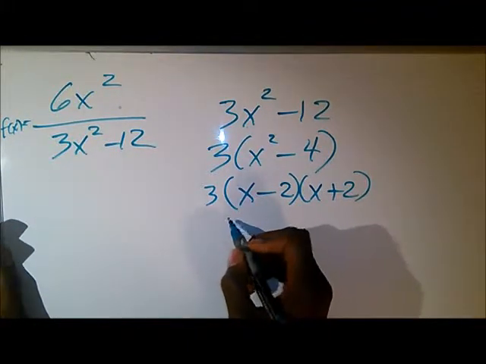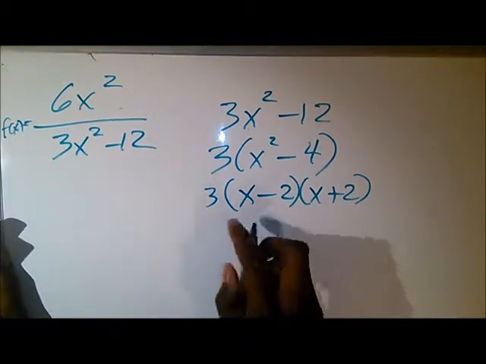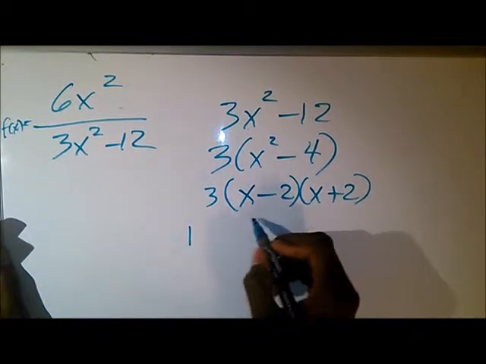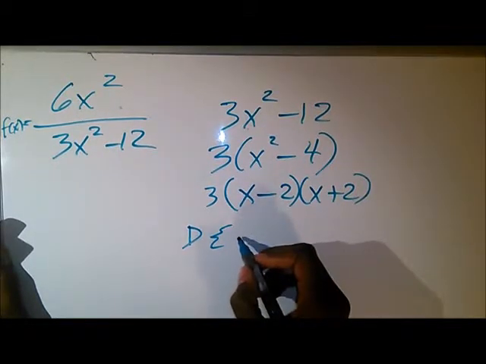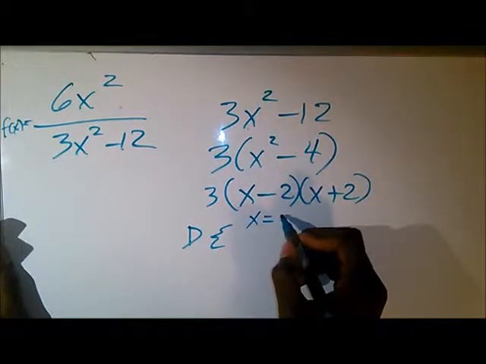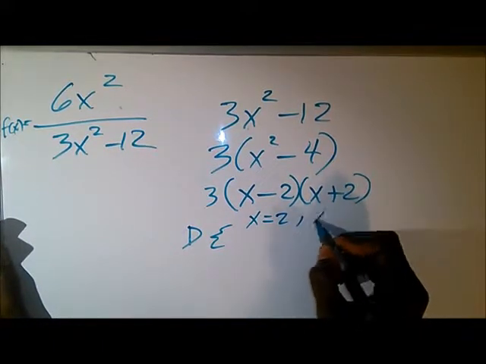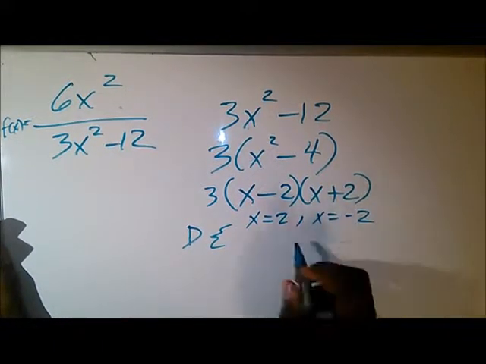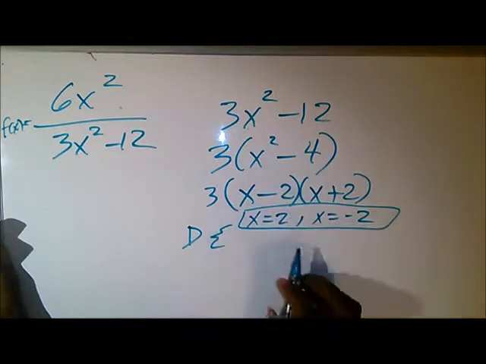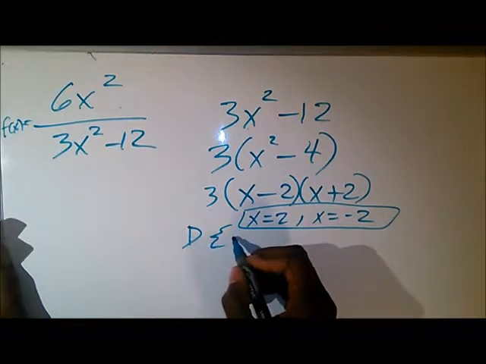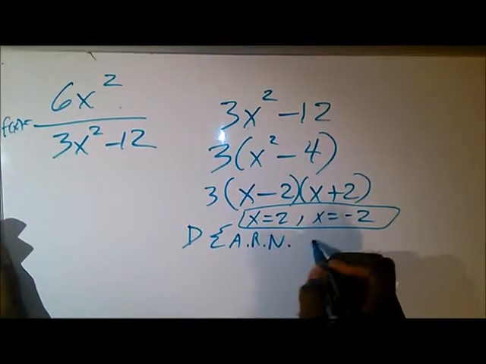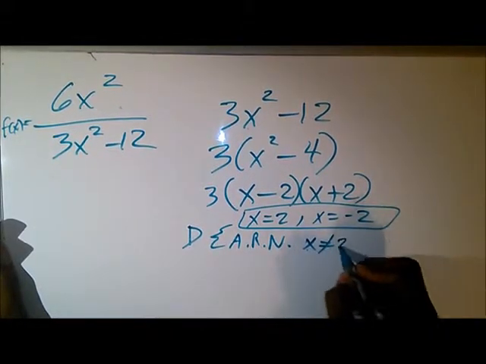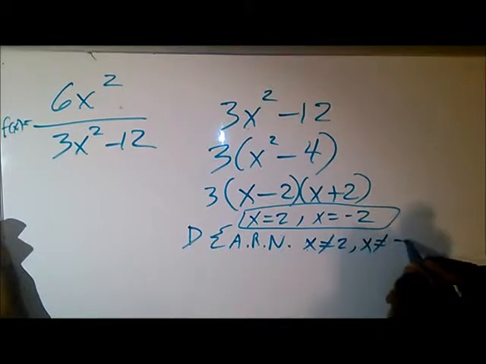So if you try to find the domain, you set all these equal to 0. This will be equal to 2, this will be equal to -2. We don't want those. So our domain is all real numbers except x is equal to 2, x is equal to -2.